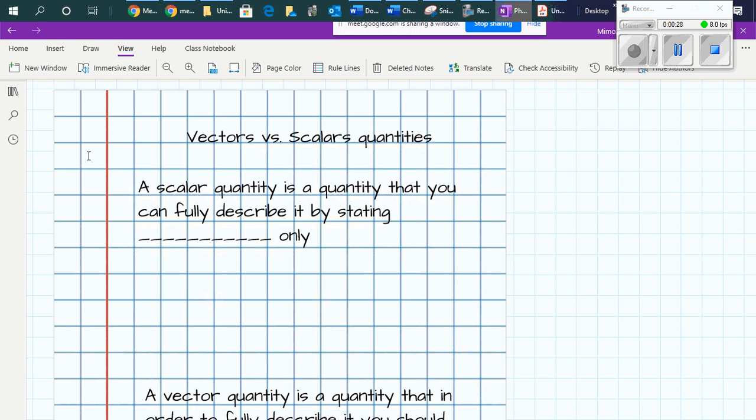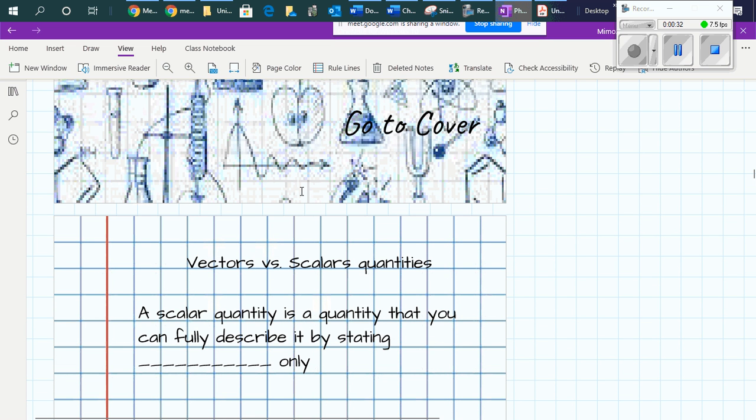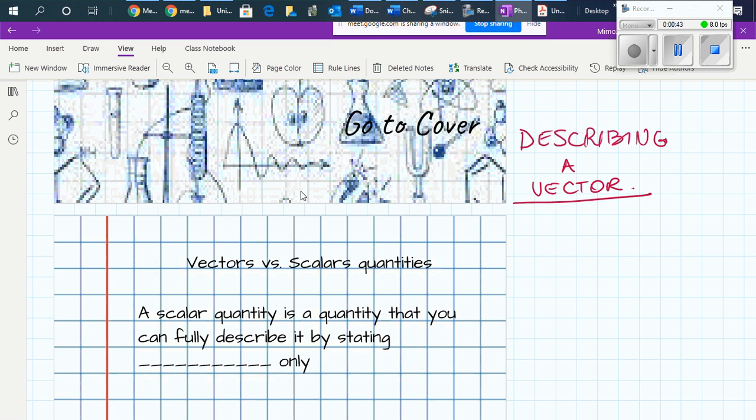So the focus of this unit will be how can we describe a vector? And how can we find the components? Finding components.